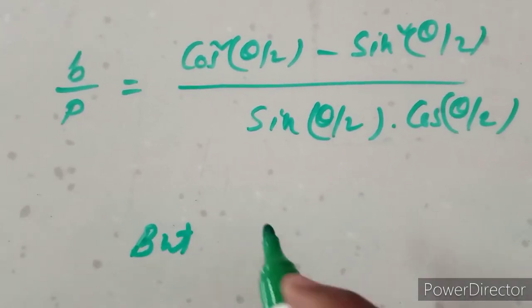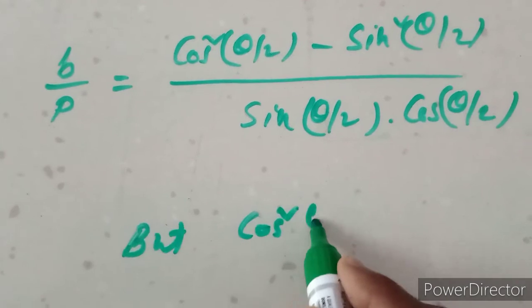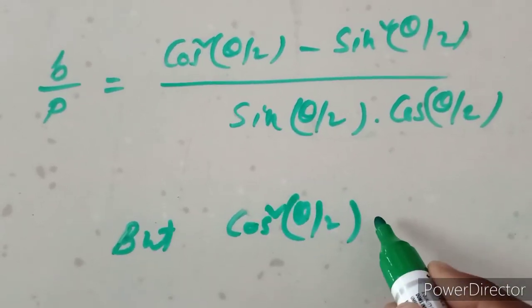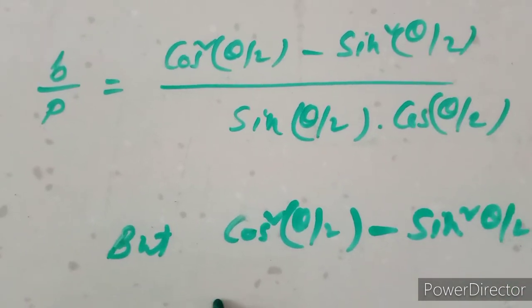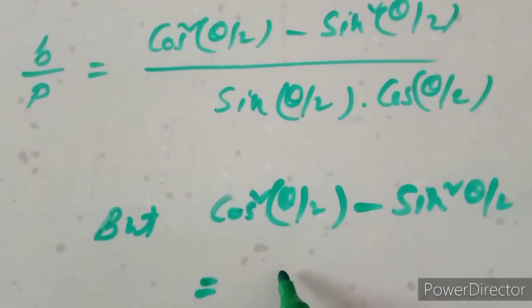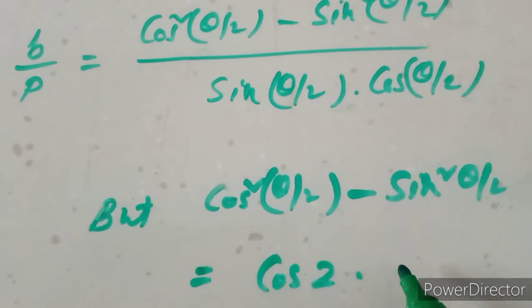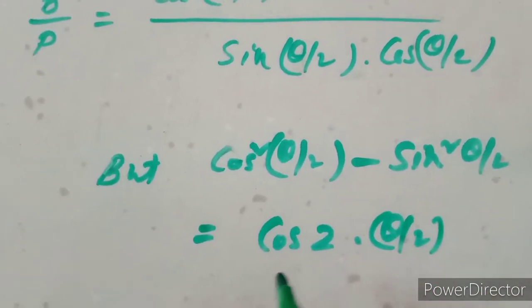But cos square theta upon 2 minus sin square theta upon 2 equals cos theta.